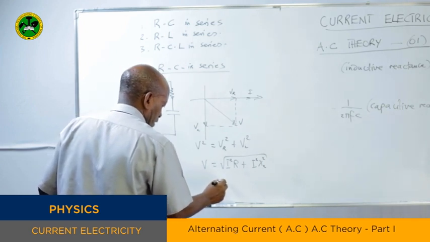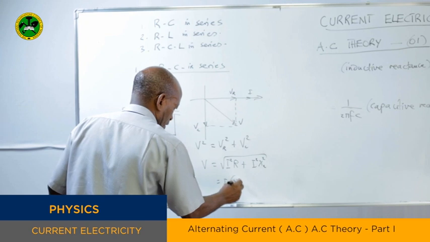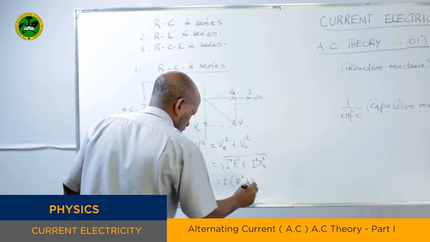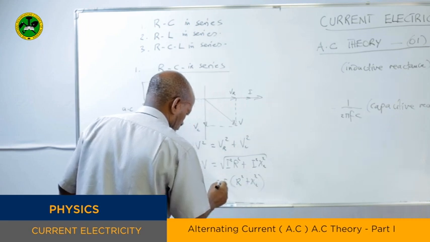If you derive, let me do it for you for this first case, you will find that you can take I outside, and inside there will be R squared plus that much squared.